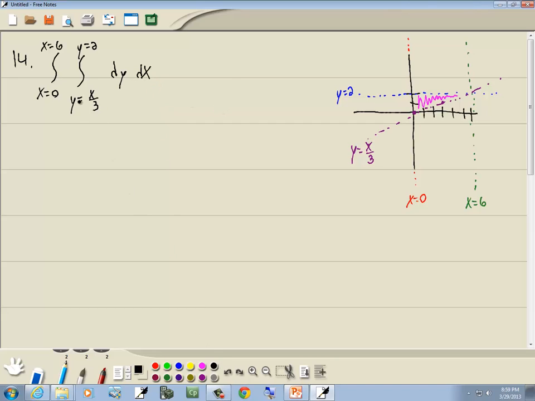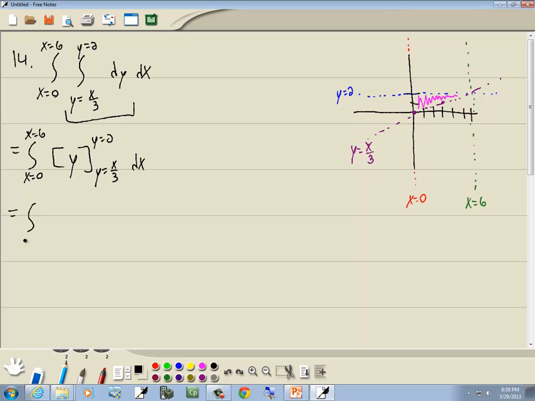Let's go ahead and evaluate the iterated integral. Looking at the inside one, we're integrating with respect to y. There isn't anything there, so it's like the invisible 1. So again, this becomes y from y is equal to x over 3 to y is equal to 2, dx.